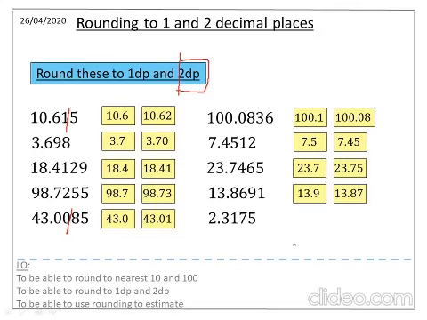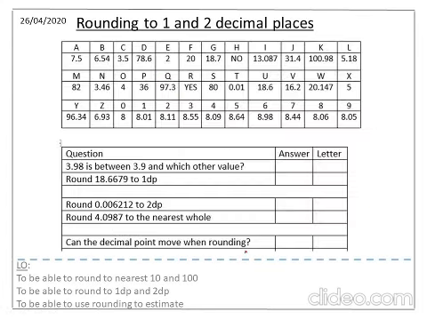This one I'll give you 3 seconds to think: 2.3. Another 3 seconds: 2.32. I will post this slide for you all to try yourself. If you are curious to find out the answer, you can always check with your teacher.